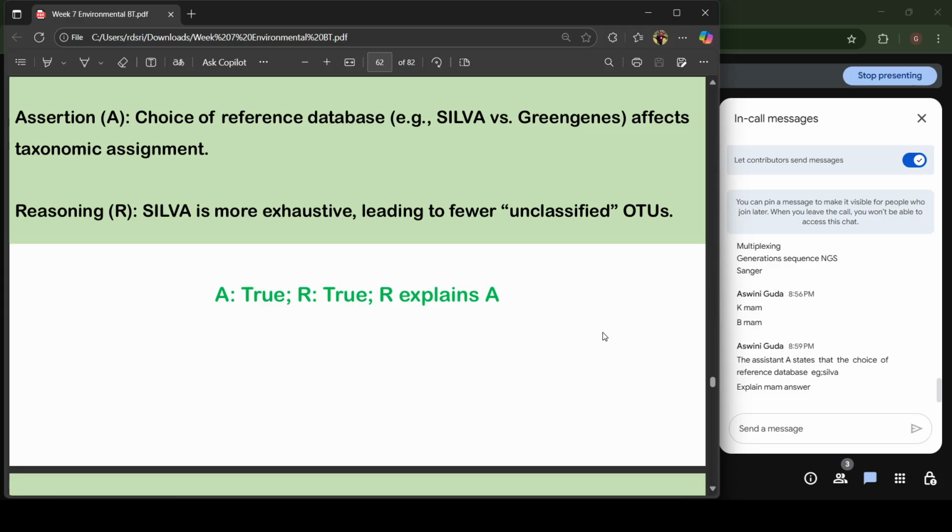So one has less data and the other has more data. When you feed your sequence to either of these databases, in the case of Silva you can get more accurate results than when you feed it into other databases. So that is why the first statement is also true. The choice of the reference database also affects the taxonomic assignments.